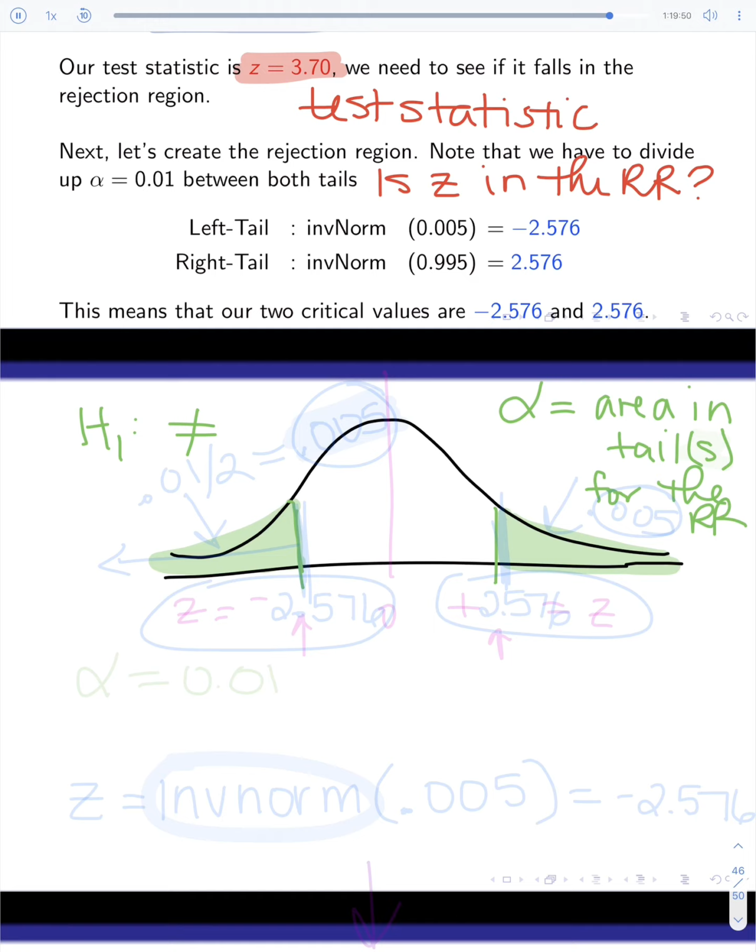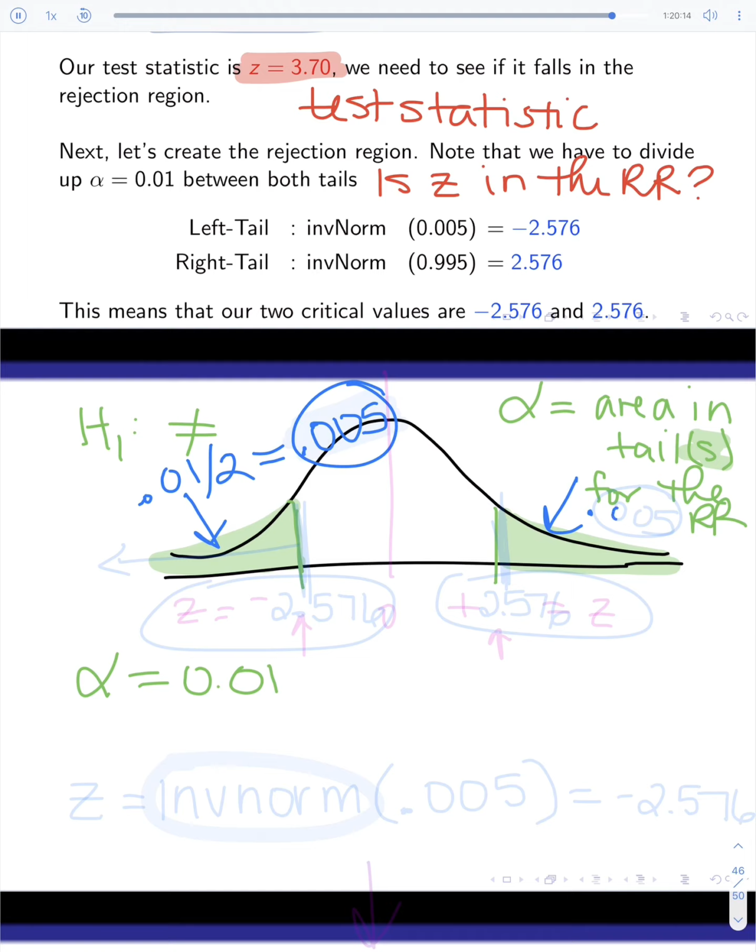The problem with our alpha being 0.01 is that's the area in both tails. So the question is, what's going to be the area in each tail individually? It's going to be half of that. So 0.01 divided by 2, which is actually going to be even smaller.